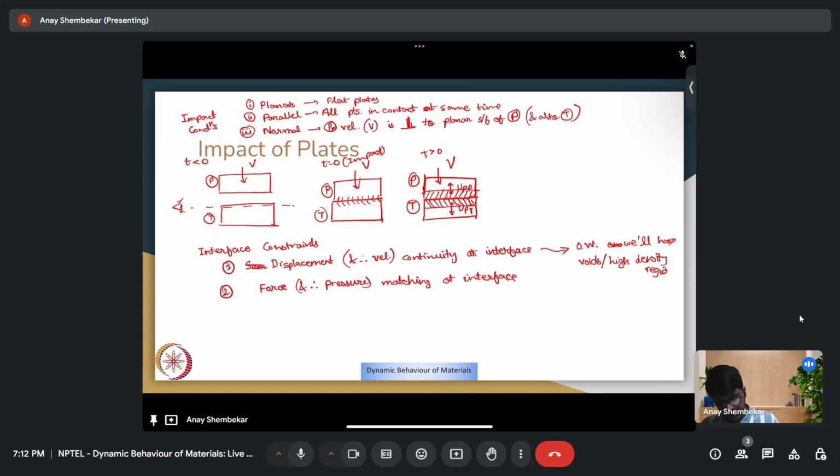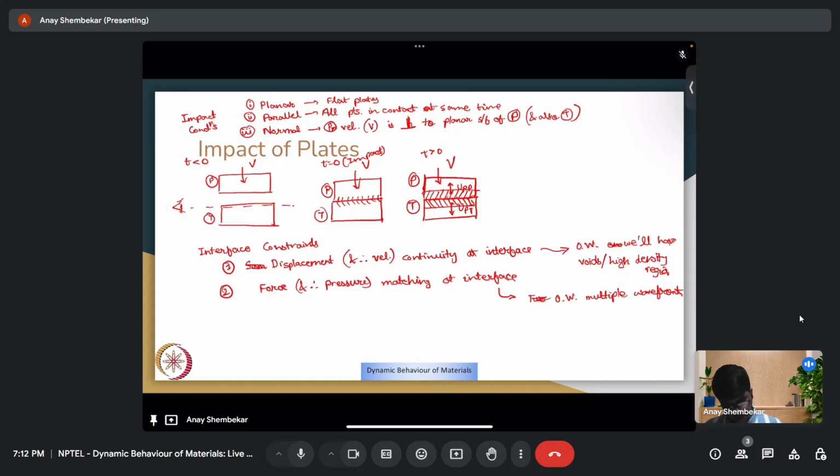And if the pressure matching condition is not satisfied, we'll have multiple wavefronts. So we are only taking the case of a single wavefront. Later on, in week 8 or so, when we go into phase transformations, we'll see how you have two different shock fronts coming up.